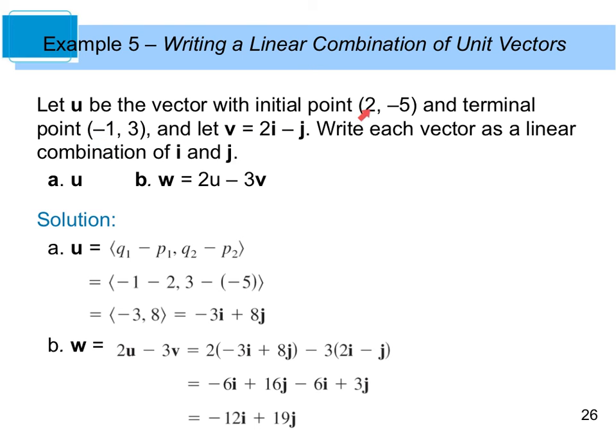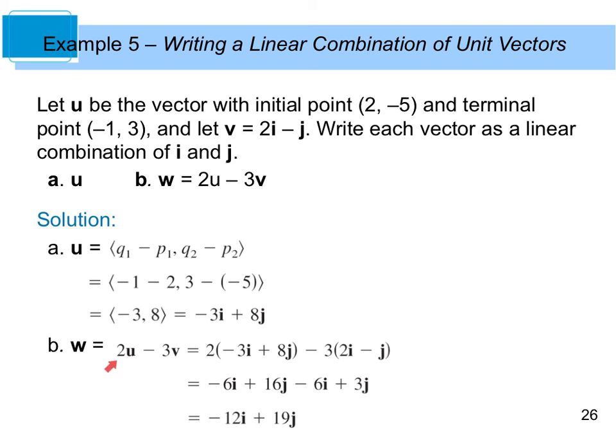So my x goes from 2 to -1, so that's going to be a change of -3. And then I go from -5 over to 3, so that's going to be an 8. So this would be in vector component form with the angle bracket -3, 8. Since -3 is my horizontal change, you would take that -3 and put it by vector i. And since 8 is my vertical change, you would put 8 with vector j. And then this is the notation in terms of i's and j's as opposed to the bracket. And then you can see the similarities.